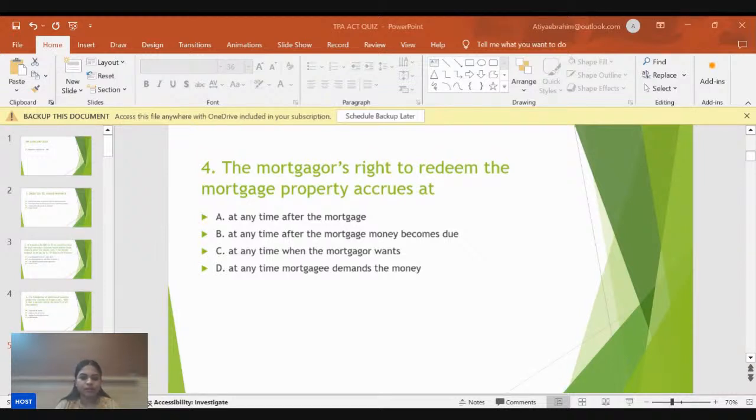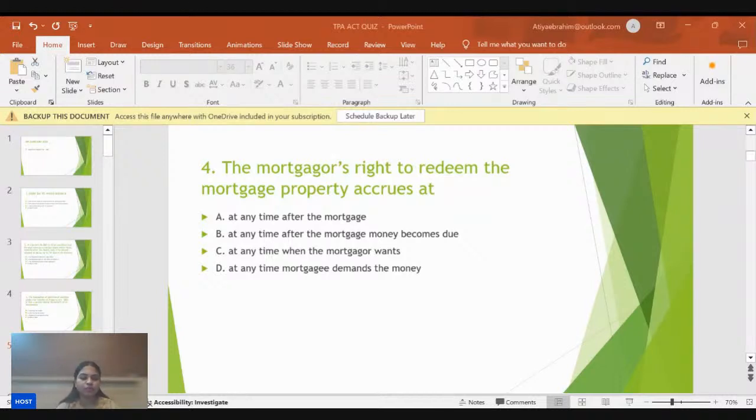Anyone who can tell me the answer to question number 4? At what time does the mortgagor's right to redeem the mortgage property accrue?